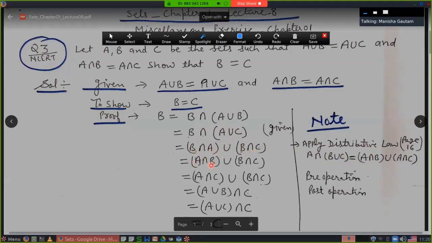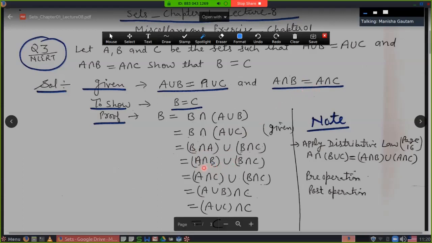Now here B intersection A can be written as A intersection B. It is already proved that if you take the intersection of A and B or B and A, you will get the same answer. It means B intersection A equals A intersection B. Now here A intersection B can be replaced by A intersection C because it is given to you that both are equal.